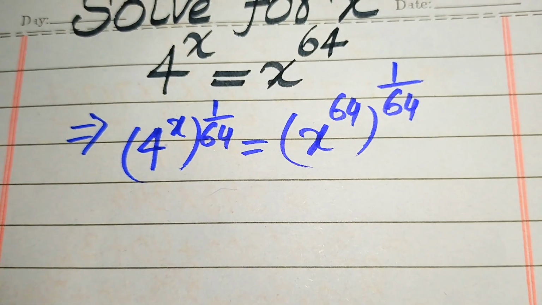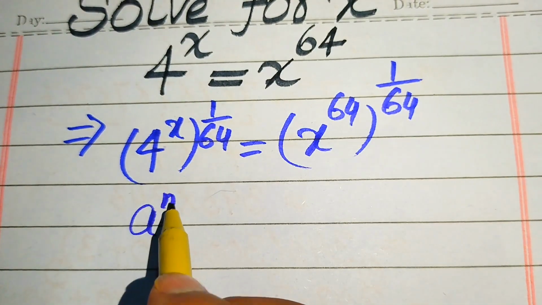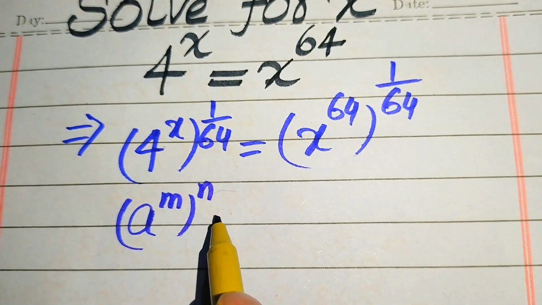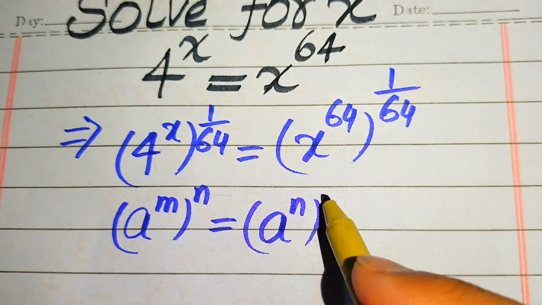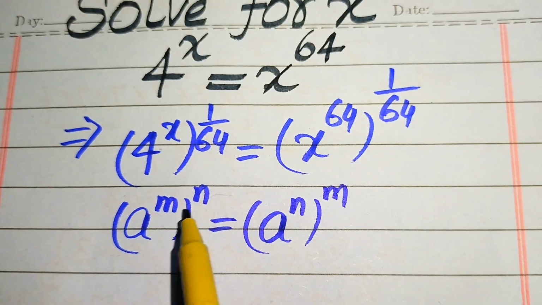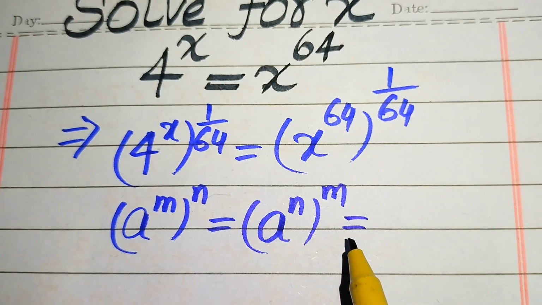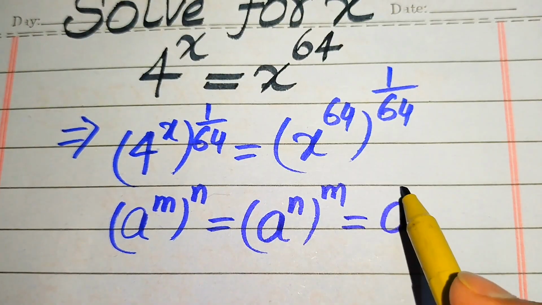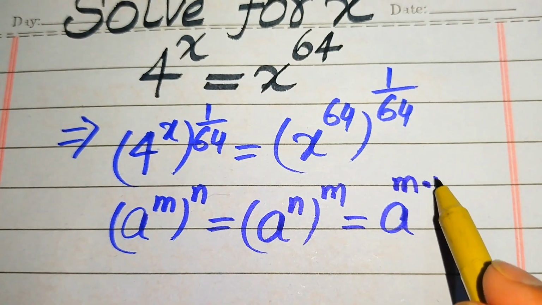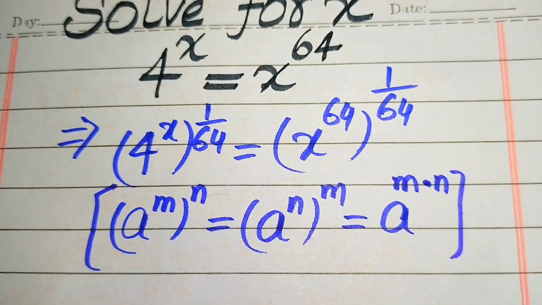And now we use another nice exponential rule. You know that a to the power of m, to the power of n, is equal to a to the power of n, to the power of m. It means that if we interchange these two exponents, it does not affect our final answer. Further, we write this rule as a to the power of m multiplied by n. So we write this rule in these three forms.